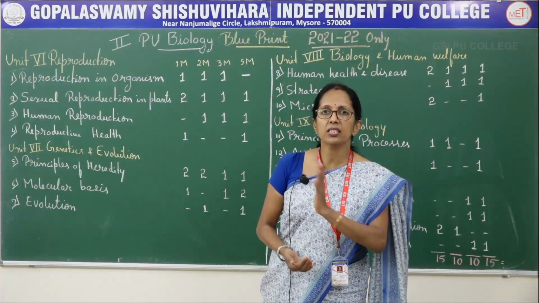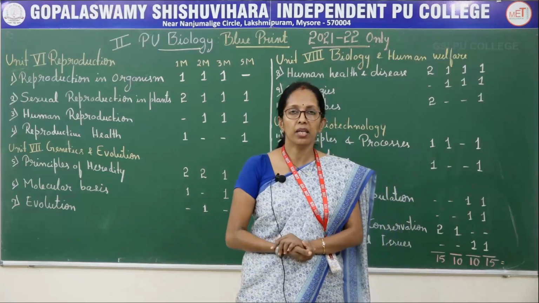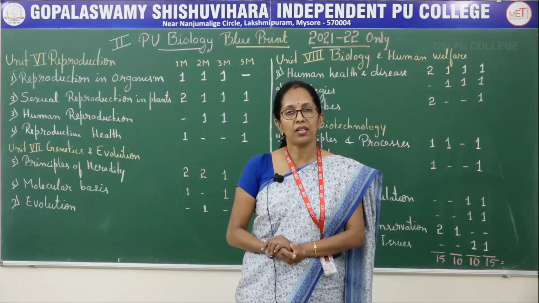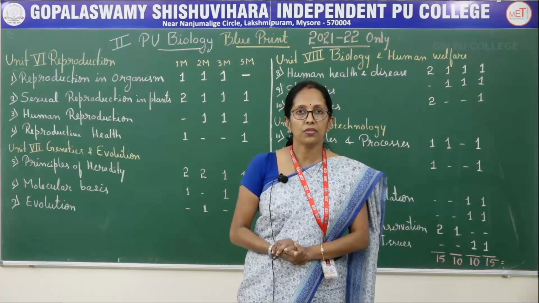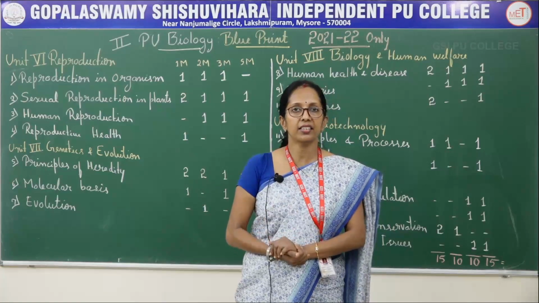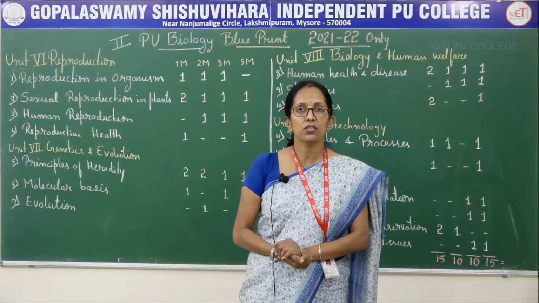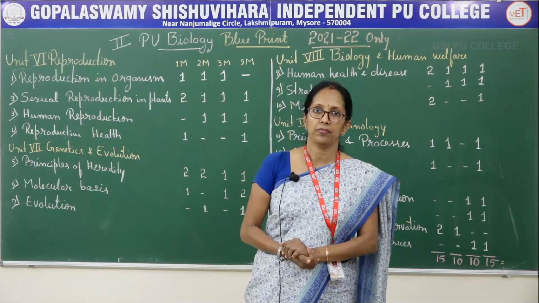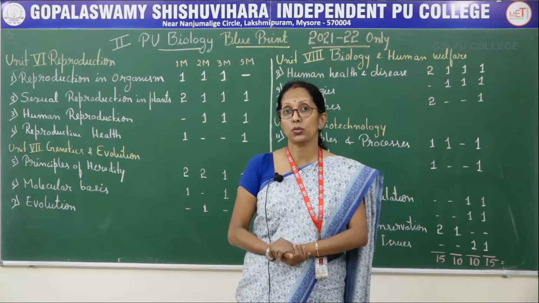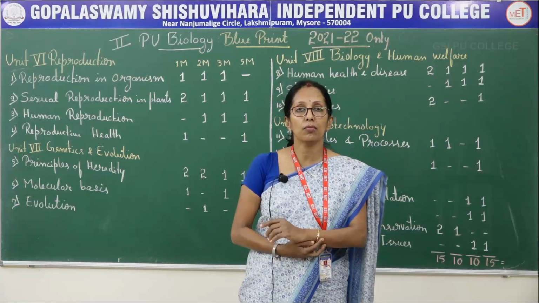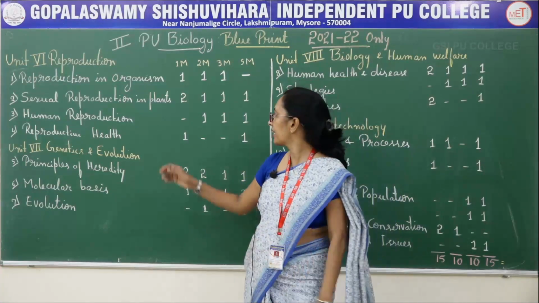If infertility occurs in both males and females, what happens? We have to adopt some techniques that are said to be assisted reproductive techniques. Here also we understood there are different types of assisted reproductive techniques.